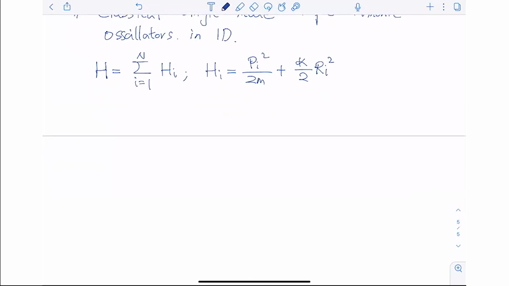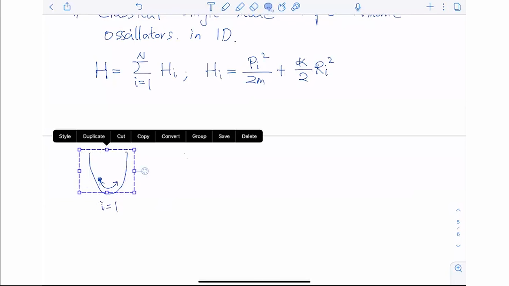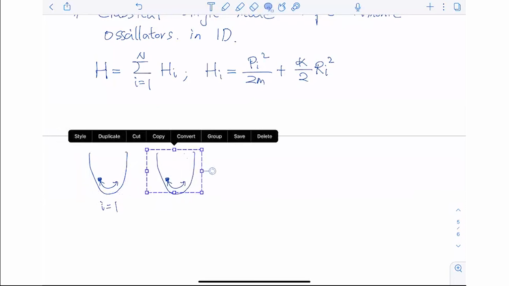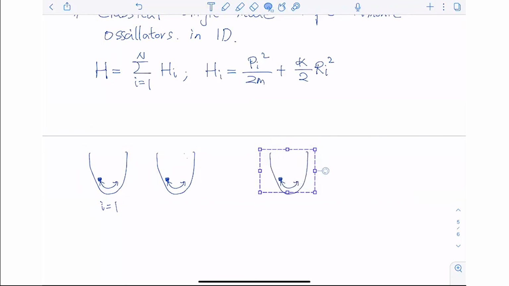So basically, you can think of something like a particle that's oscillating back and forth. And then we have n of such oscillators.